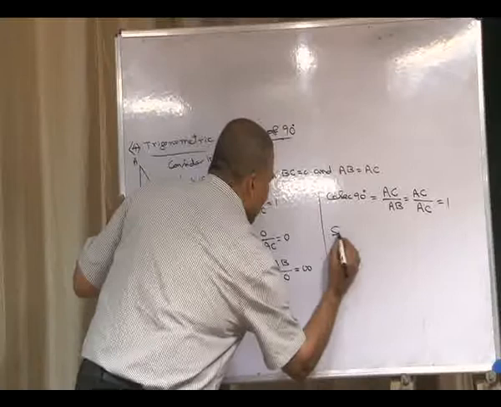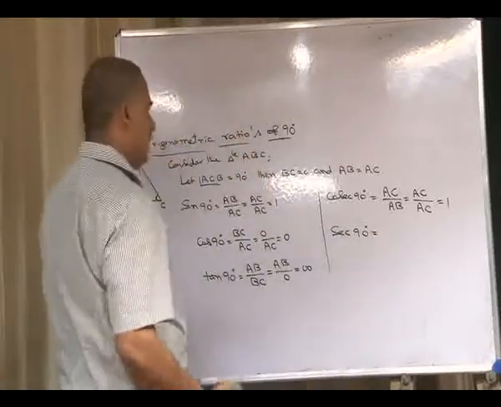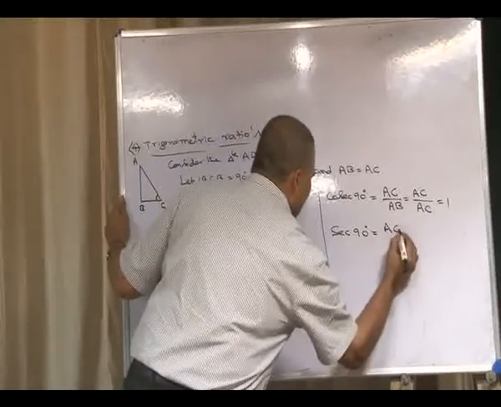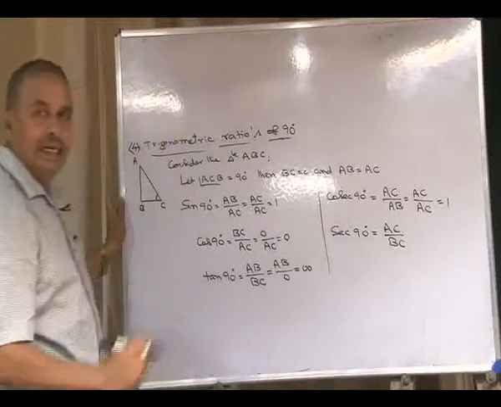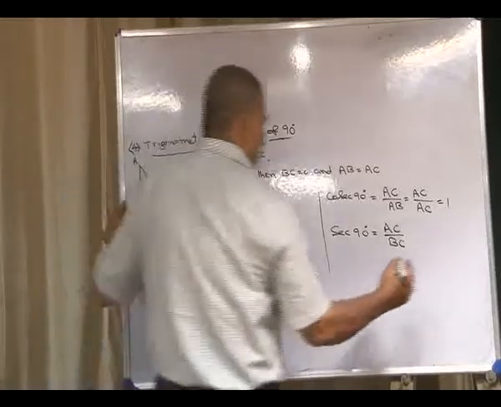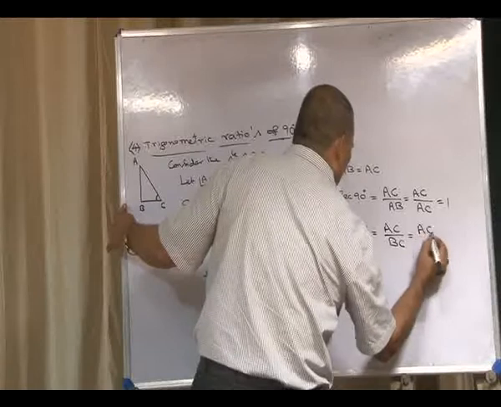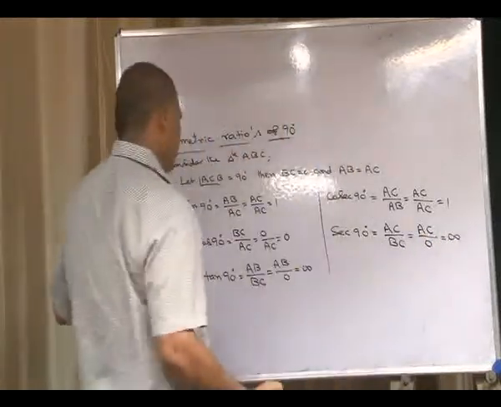Next, secant 90 degree is equal to hypotenuse by adjacent side, that is AC by BC, that is AC by 0. AC by 0 is infinity.